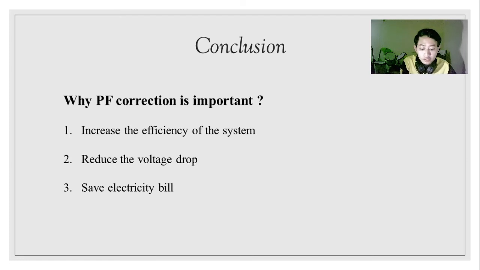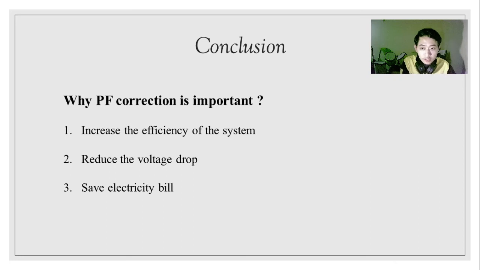Power factor correction is one of the methods used to improve the power factor, and it is beneficial to our system. First, it increases the efficiency of the system. It reduces the power losses and also the current losses in our system. Therefore, the power quality is increased and the efficiency is increased as well.